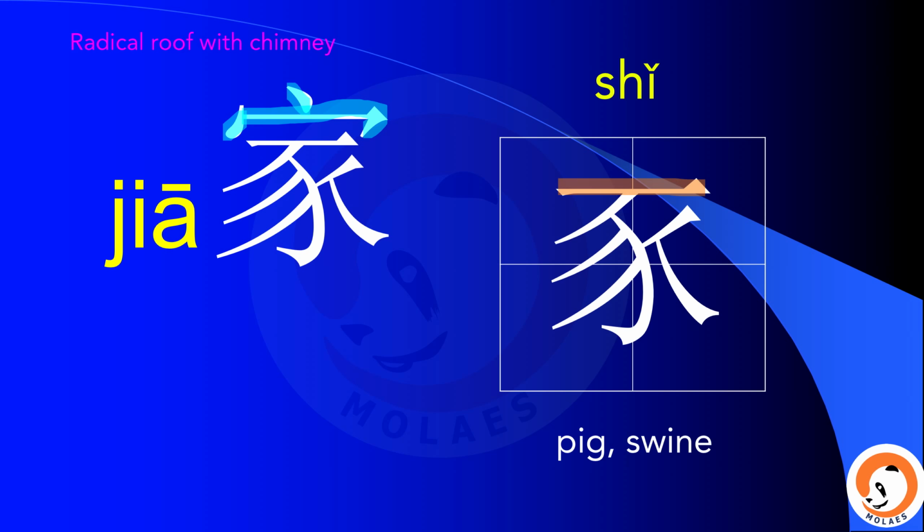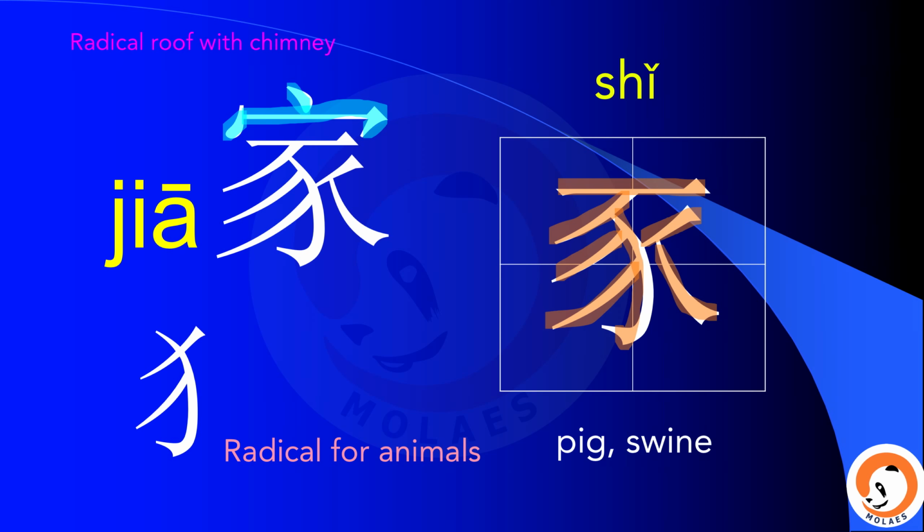This is how we write it. 1, 2, 3, 4, 5, 6, 7. This character is not very frequently used, so forget it. However, it's so important for you to remember the radical for animals. And this is how we write it. 1, 2, 3.